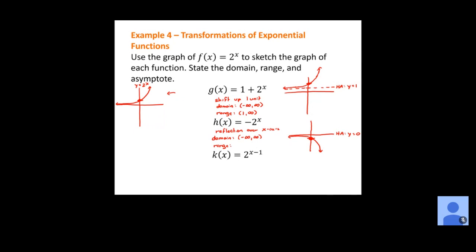Okay. So remember, though, the smaller value needs to come first. So just make sure you start with negative infinity and then to 0, right? Any questions on that one?